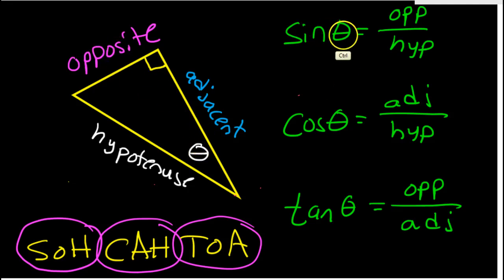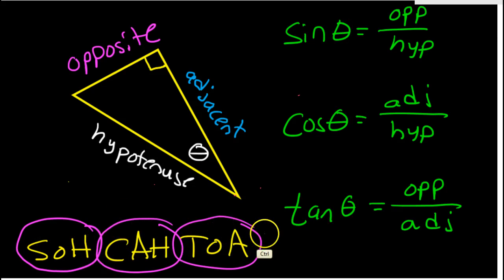And the sine of the angle is the opposite leg over the hypotenuse. The cosine of the angle is the adjacent leg over the hypotenuse, and the tangent of that angle is equal to the opposite leg over the adjacent leg. Sometimes we use this funny word, SOHCAHTOA, to help us remember these three formulas.